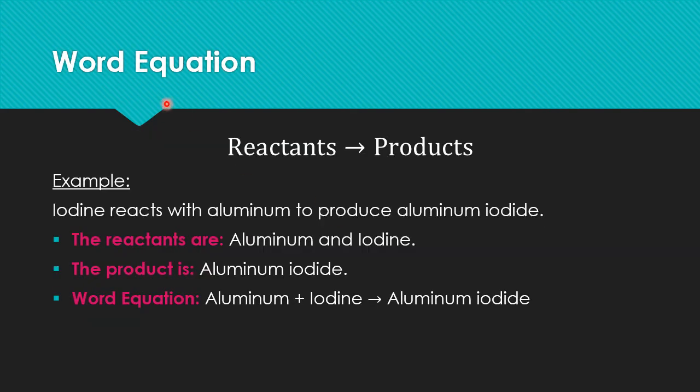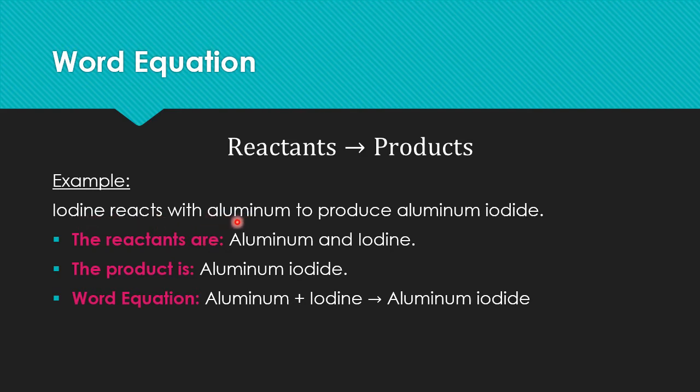A chemical reaction can be represented by an equation called a word equation. To write an equation of a chemical reaction, you should start by writing the name of the reactants. In the middle, you should put an arrow, and after the arrow, you should write the name of the obtained products. For example, iodine reacts with aluminum to produce aluminum iodide. So it's a reaction between iodine and aluminum.